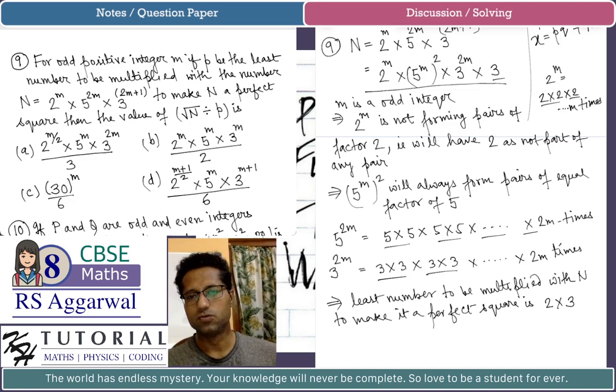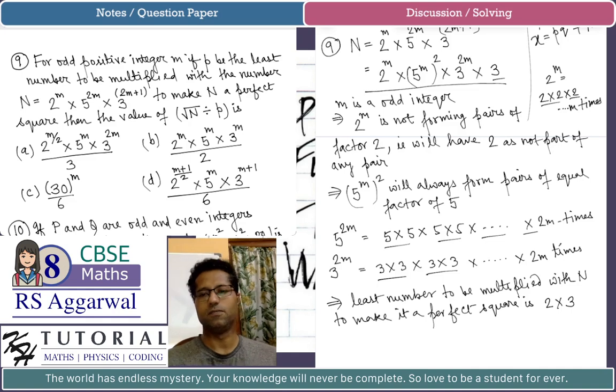The only problem is 2 to the power m and the 3. Since m is an odd positive integer, 2 to the power m will not make pairs of equal factors of 2. So one 2 needs to be multiplied to make it 2 to the power m plus 1.